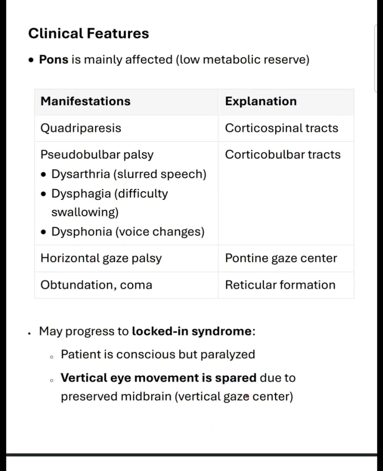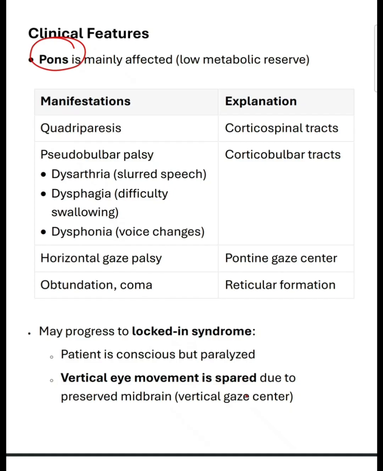Now let's talk about the clinical features and how you can explain those clinical features. To explain the clinical features, what you need to remember is that the pons is the main, most affected region, and also the region that is affected first.